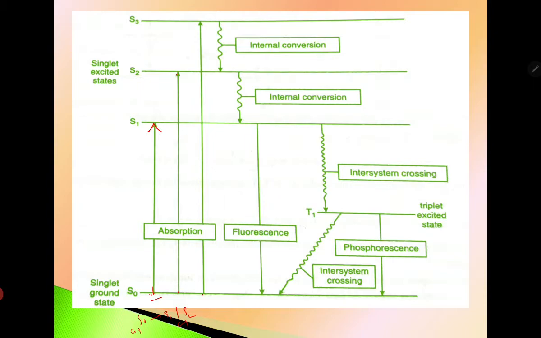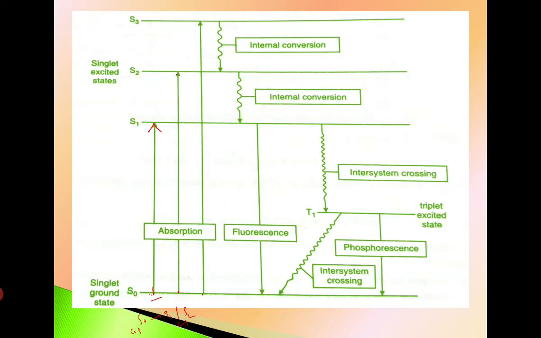And we know that the electron in the excited state returns to the ground state, that is it undergoes de-excitation, and it can return to the ground state in different ways. This process can be shown here. See, if the electron is excited to the S3 state, it can de-excite, that is it jumps from S3 to S2, with loss of radiation, that means here the energy is lost in the form of heat.